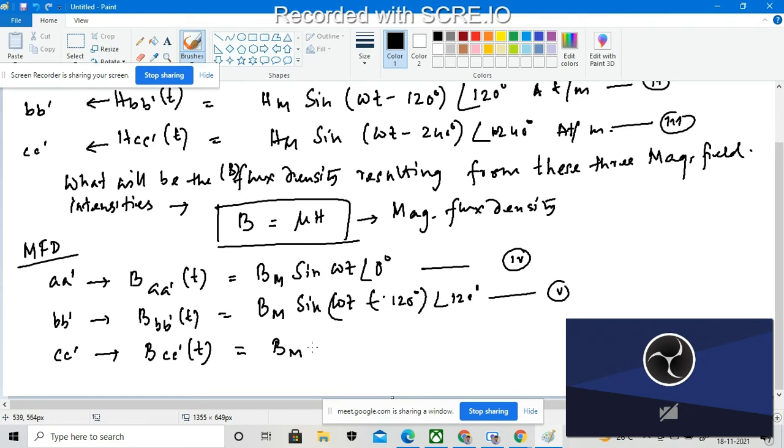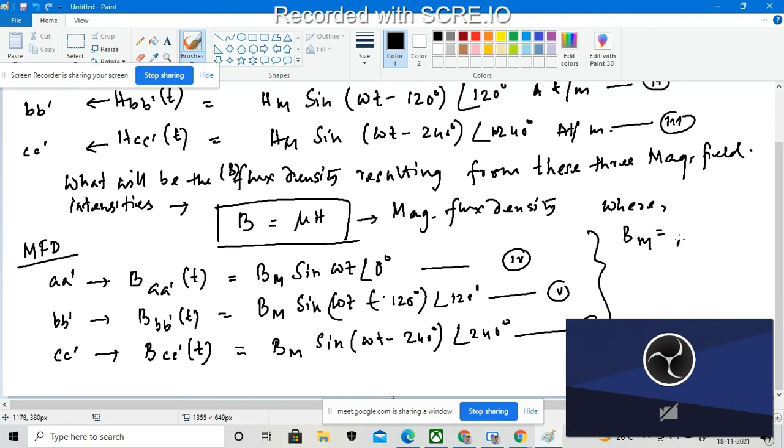The Bm sine of omega t minus 240 degree, so at an angle 240 degree apart. So this is my equation 6. Okay, where we can say that the Bm is actually mu times Hm.